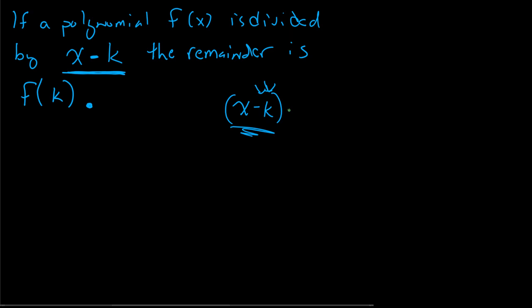So we're going to do 2, maybe 3 of these, and we're going to do them both with long division and using the remainder theorem to make sure it works for us. So the first one I'm going to look at as an example is f of x equal to 5x squared minus 3x plus 1.